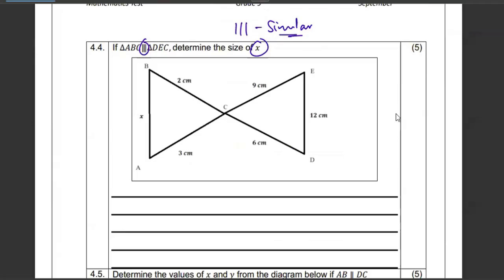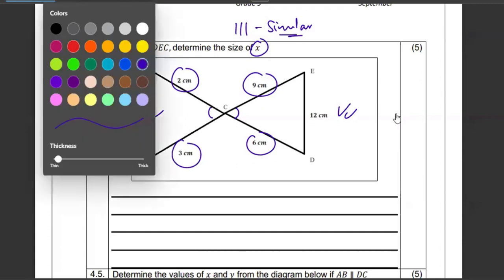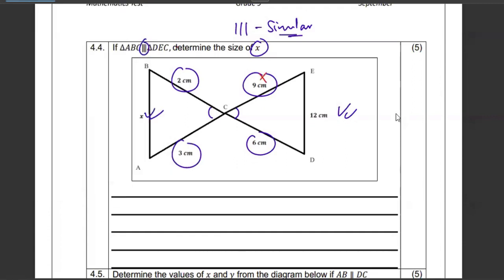If this is the same as that, meaning that this angle goes with that angle, chances are high that this must go with that, this must go with that, and then this one must go with that. Okay, sides that are in proportion. Let me just mark this off like that. And then with this, try to check the proportions. Okay, so this one is my big triangle. This one's my small, in as much as the size could be misleading here.